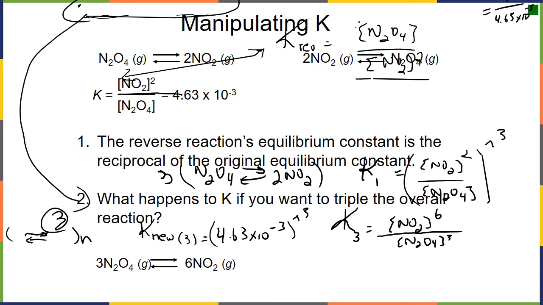So if you multiply through by n, your K new will equal K old raised to the n. In this case, you can simply do the math, and K new is equal to 9.93 times 10 to the minus 8.